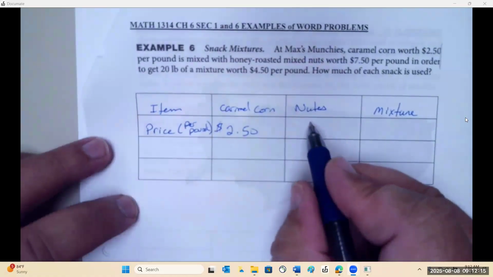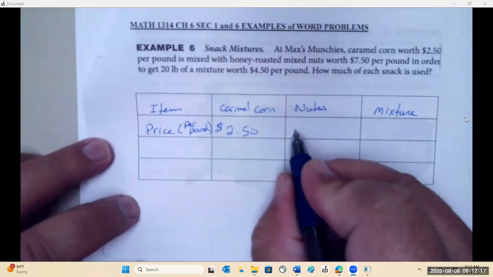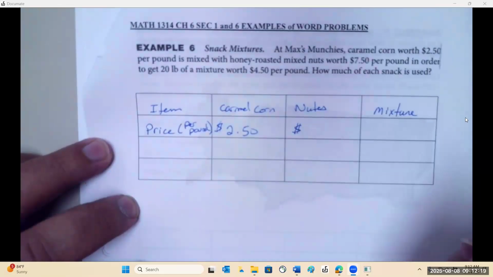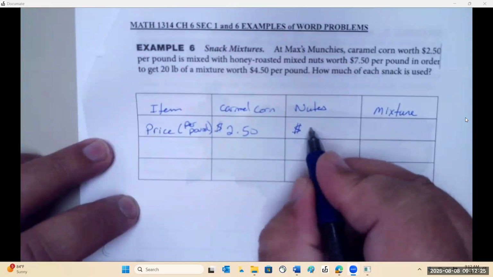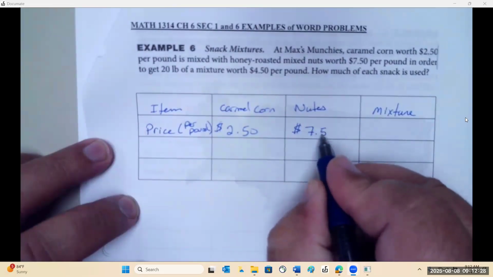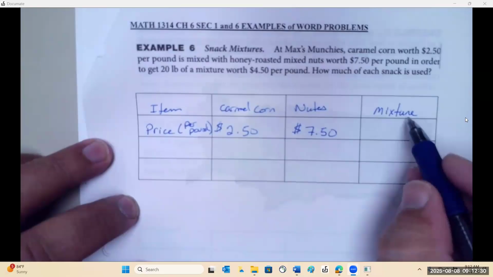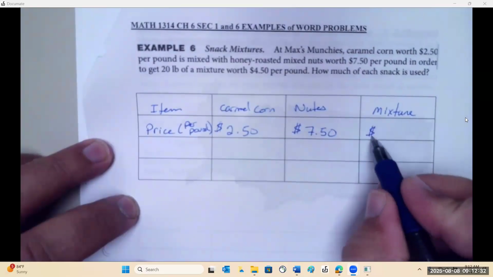And what's the price per pound of the mixed nuts? $7.50. And we want the mixture to cost how much?